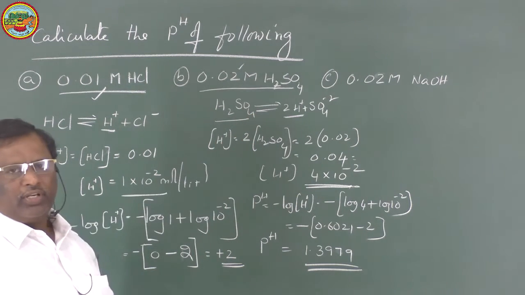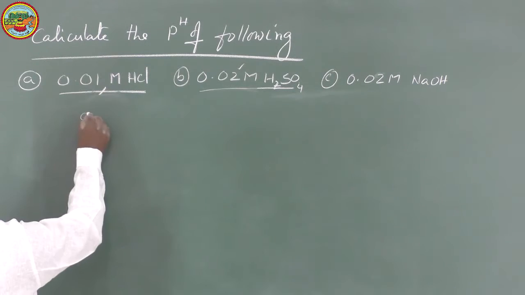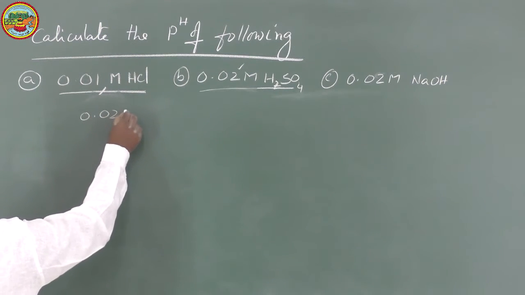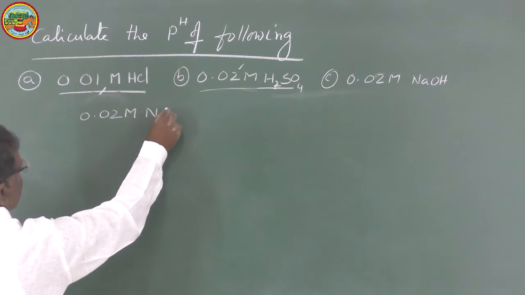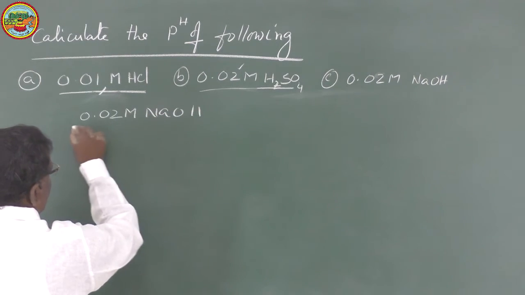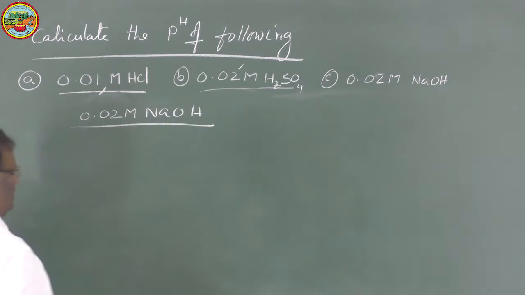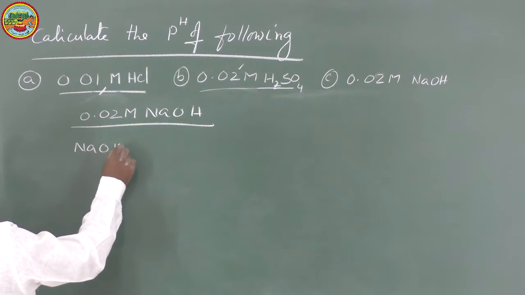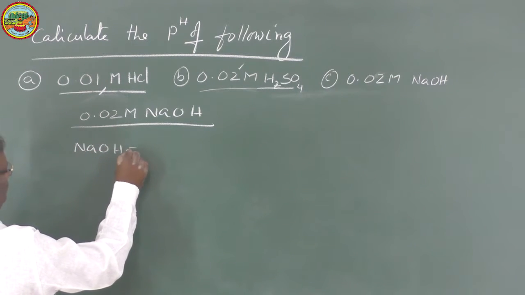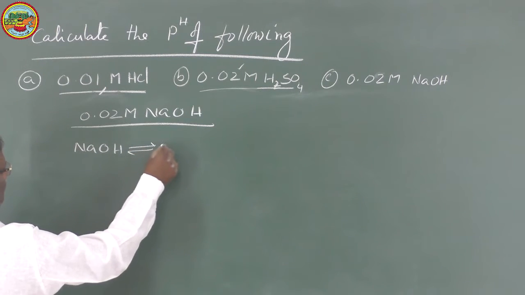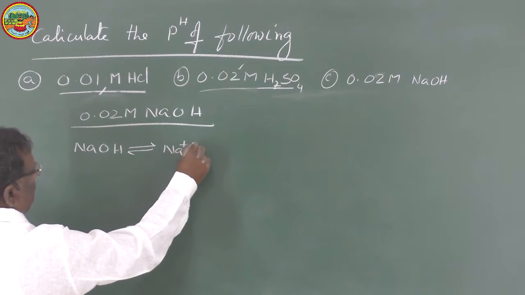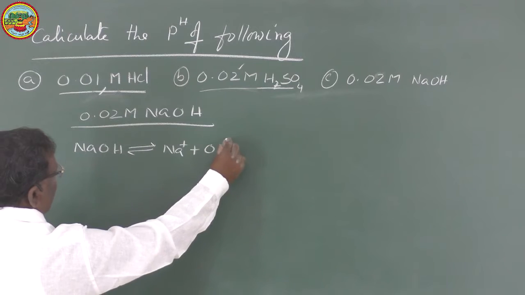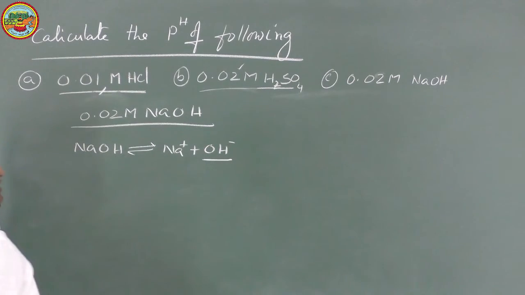Now the third example is a base: 0.02 mole NaOH. NaOH is a strong base. So NaOH ionizes to give Na plus and OH minus. In acids, H plus ions are released.